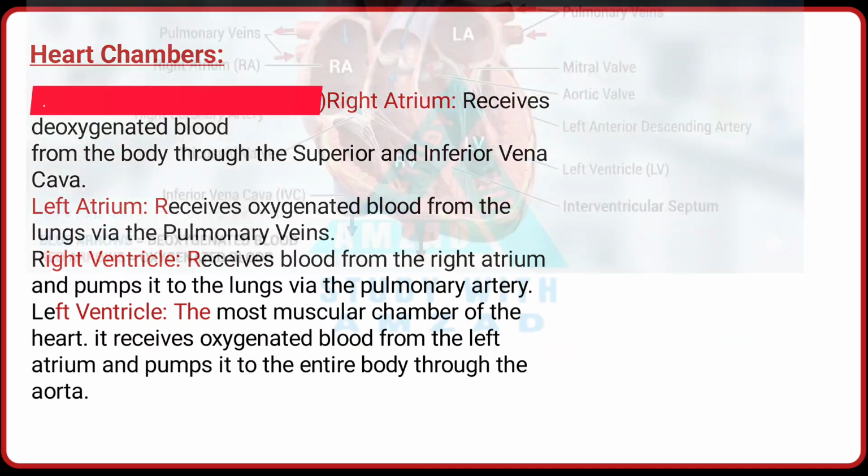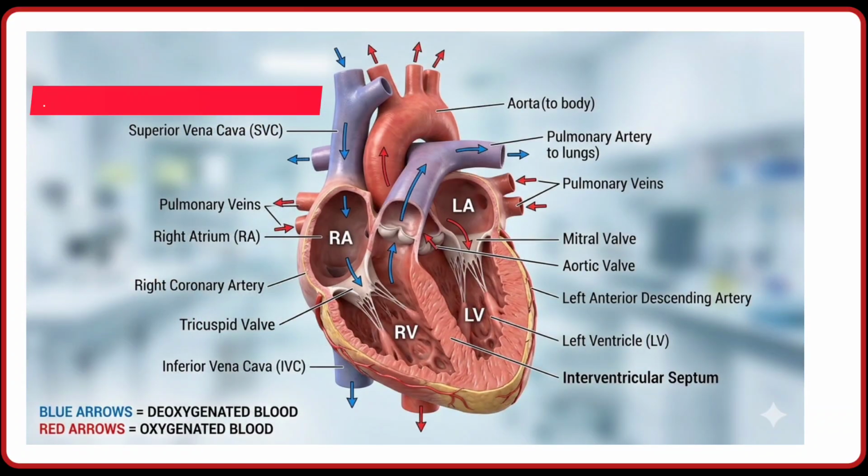The right ventricle receives blood from the right atrium and pumps it to the lungs via the pulmonary artery. The left ventricle is the most muscular chamber of the heart. It receives oxygenated blood from the left atrium and pumps it to the entire body through the aorta.